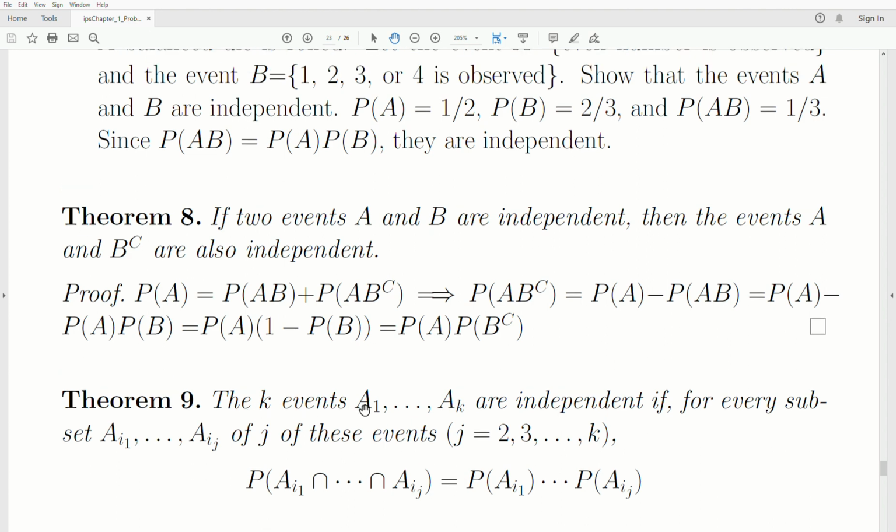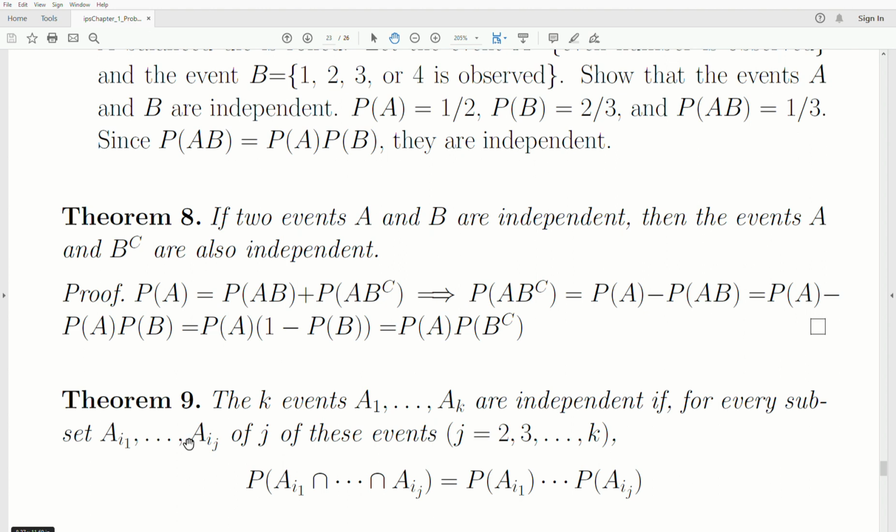Now this also extends to several events. So the K events, A1, A2 to AK, are independent if every subset of these possible K events, and so we don't know what a subset is, so we need new subscripts, I1 to IJ, and J of these events can be 2, 3, up to K. So if J is 2, then there's only 2 sets here.